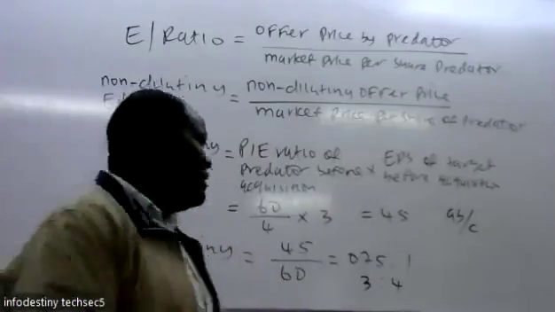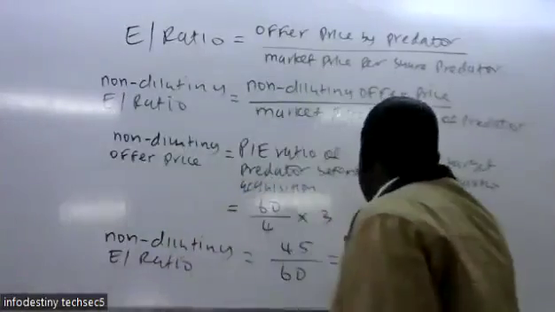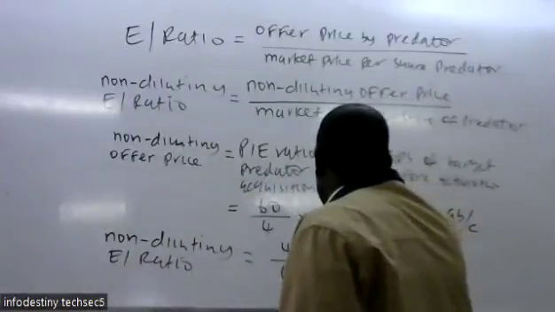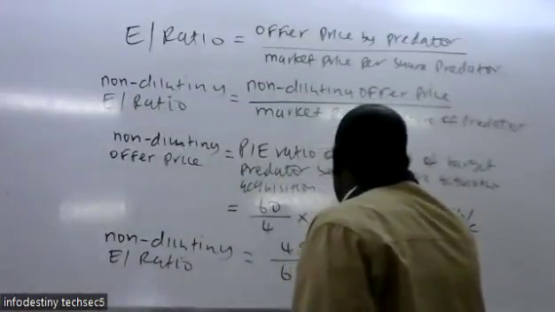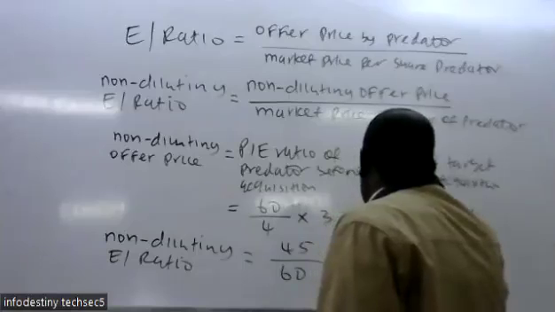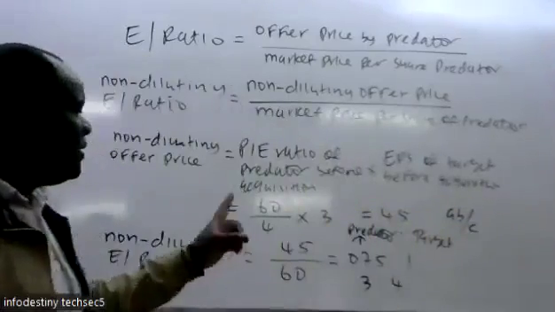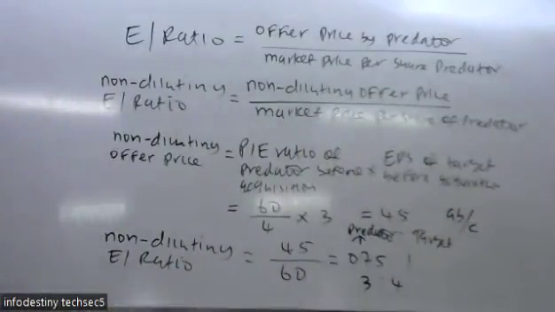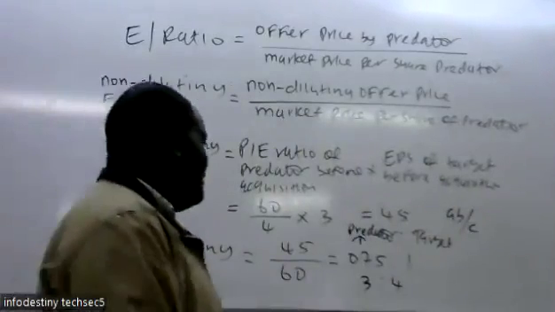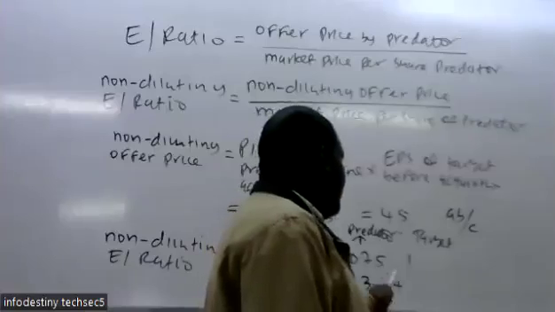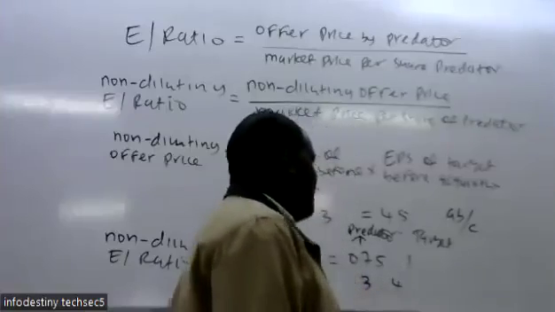So this one is the predator. Then this one is the target. So our exchange ratio is 3:4, whereby the predator will be giving 3 shares in order to acquire 4 shares of the target.